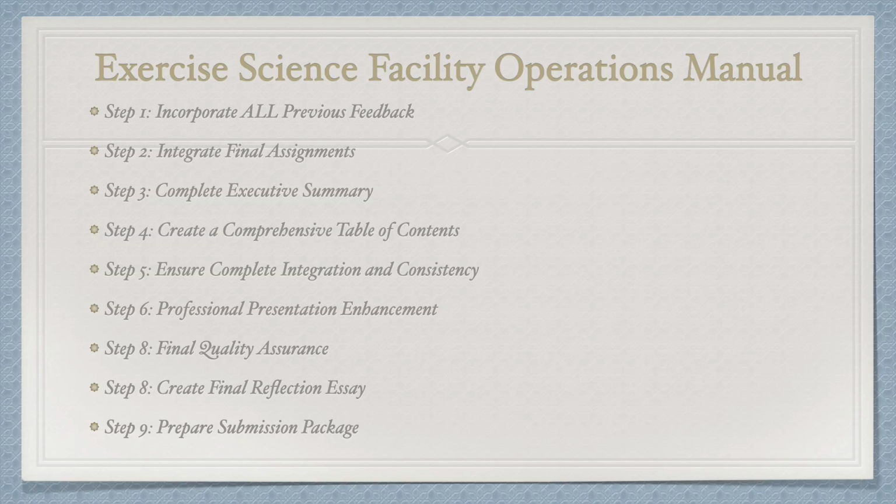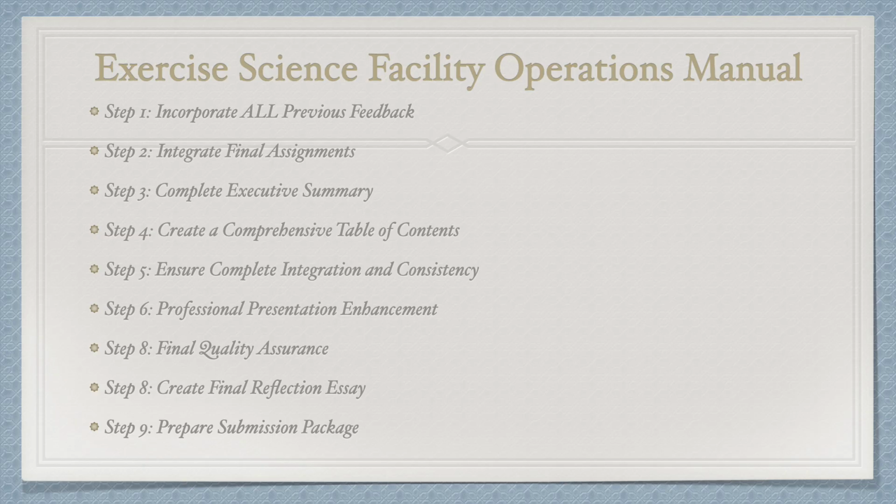Ensure all appendices are present. Content validation: make sure that all your calculations again are correct. Check your legal disclaimers, all those types of things. And the other thing I would recommend is have somebody read your document, read the executive summary, read the entire manuscript, and test usability. Could someone follow your procedures?